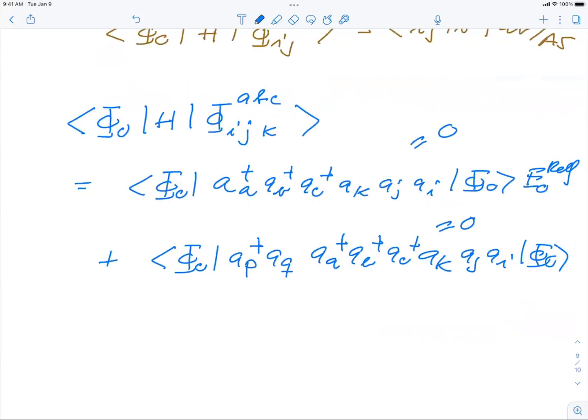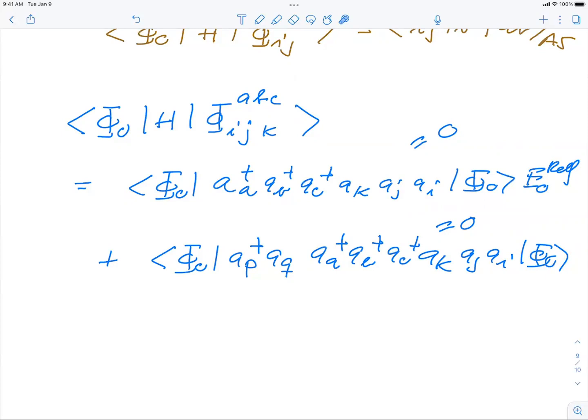So when you want to have something which is non-zero, and this is the important thing, if you look at the operators you're trying to contract and you use Wick's generalized theorem, if they don't have the same number of creation and annihilation operators, then you will have operators which have to be contracted within the string of operators, of normal operators, and that gives automatically 0.